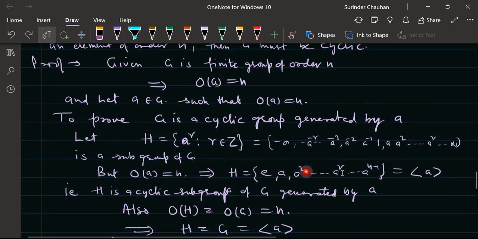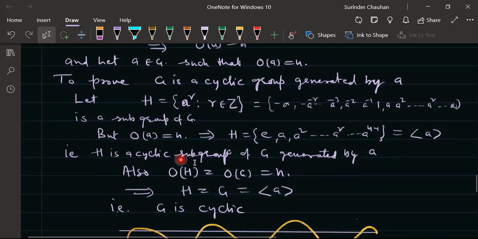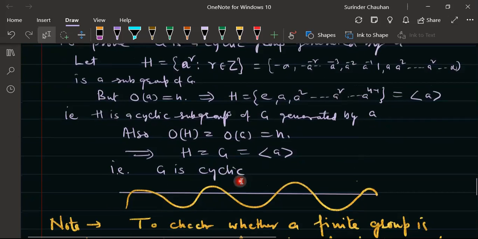Therefore this H is a cyclic subgroup of G generated by a, and the order of H is n, since the order of a is n. The order of G is n and the order of H is also n. So this implies G is equal to H, both are generated by a, and G becomes cyclic.